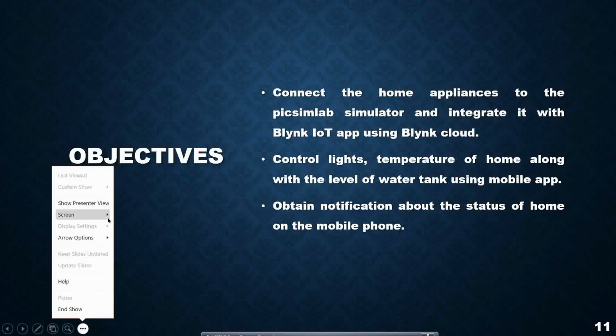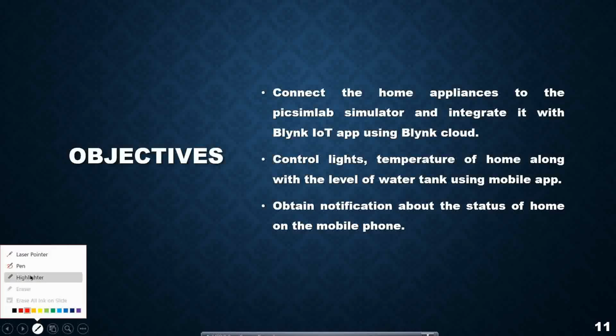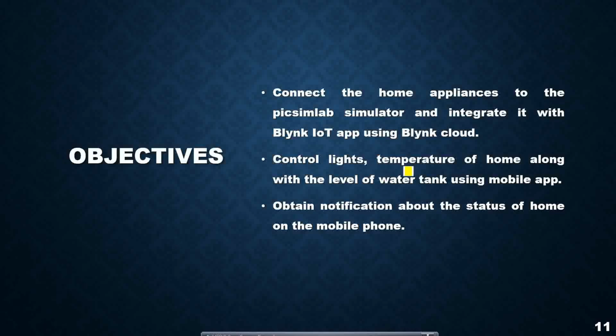Second is to achieve total control over the lights, the temperature of the home, along with the level of water present in the water tank using the mobile app, in this case the Blynk IoT app. The third objective is to obtain a notification on the mobile phone about the status of the home.